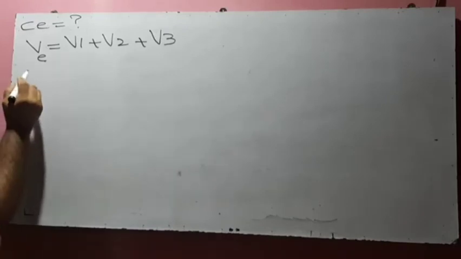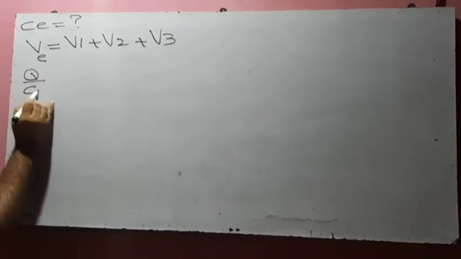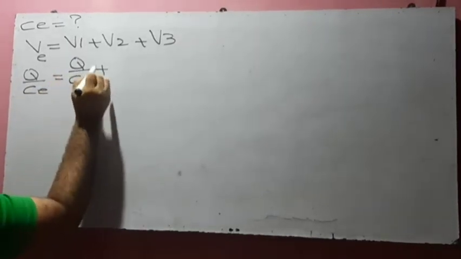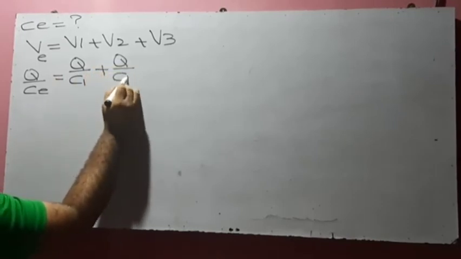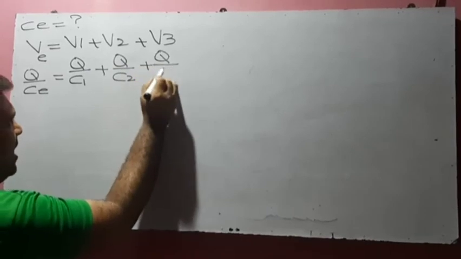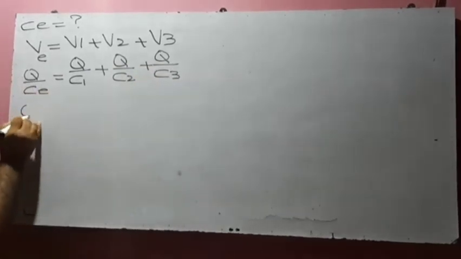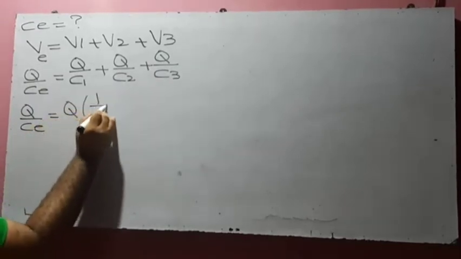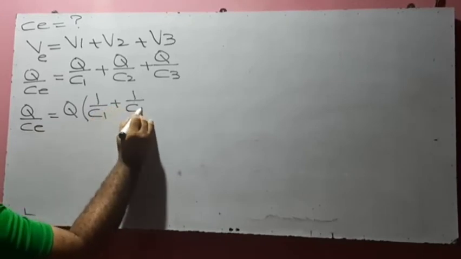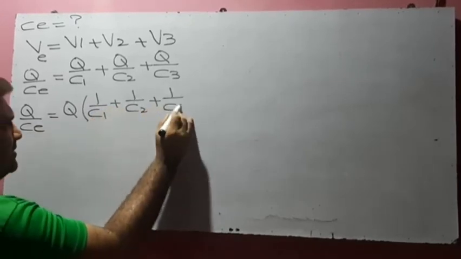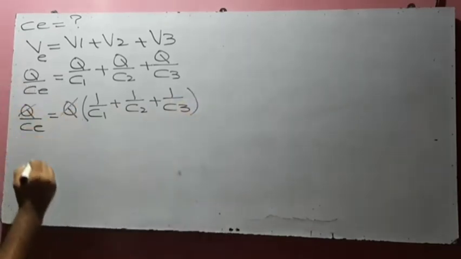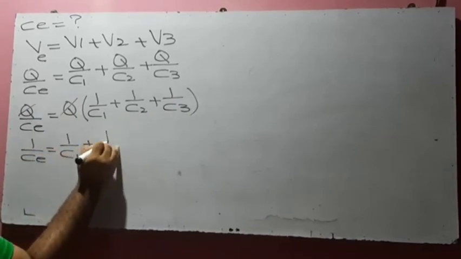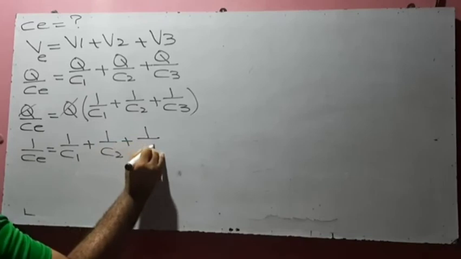So the VE is equal to Q upon CE, V1 is equal to Q upon C1, V2 is equal to Q upon C2, and V3 is equal to Q upon C3. So the Q upon CE will be equal to, the Q is common, so the 1 upon C1 plus 1 upon C2 plus 1 upon C3. So the Q will be cancelled. So the 1 upon CE is equal to 1 upon C1 plus 1 upon C2 plus 1 upon C3.